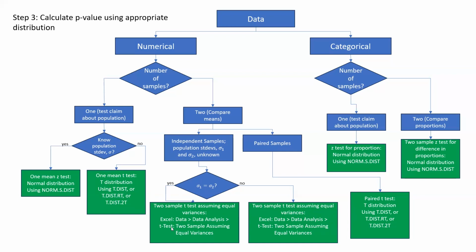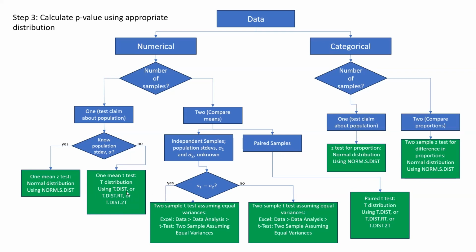The t-test for the 2 sample ones is in Excel. For the single mean t-test, this is what we were working on Wednesday, we use the t.dist, the t.dist.right tail or the t.dist.two tail. And that ends up being what you use.